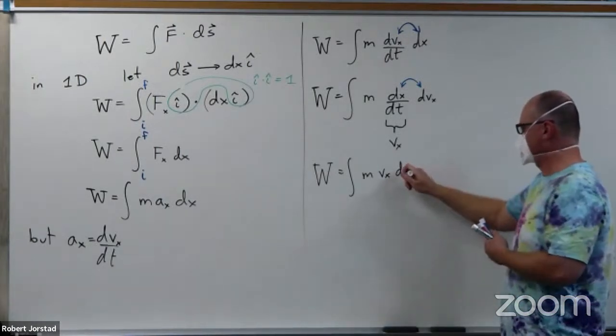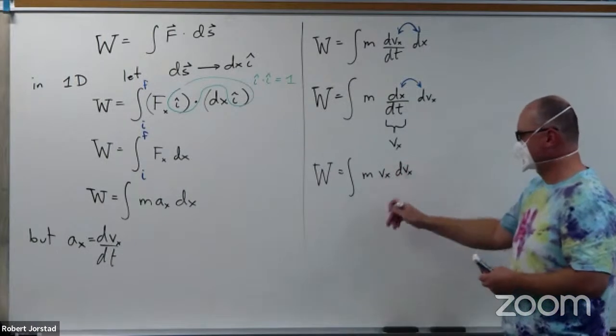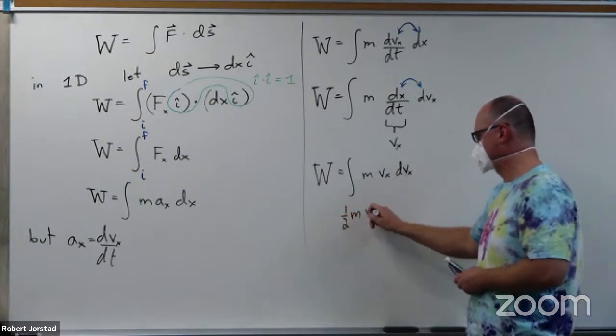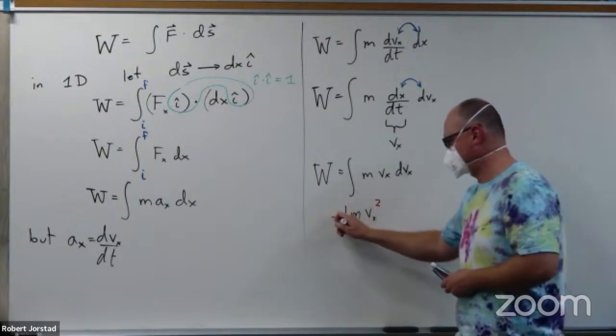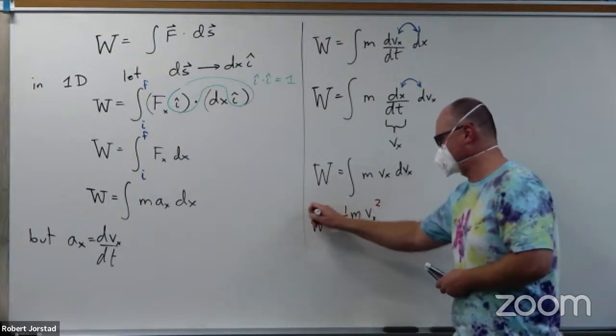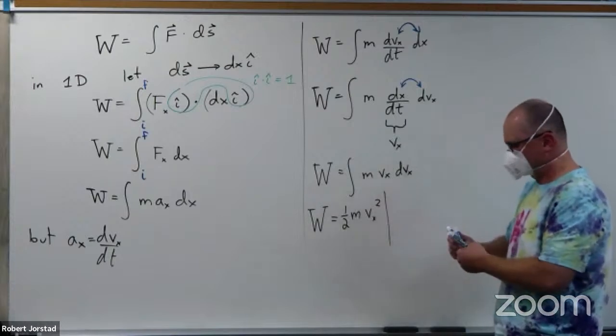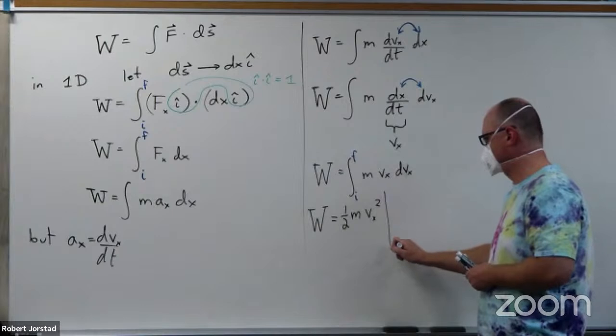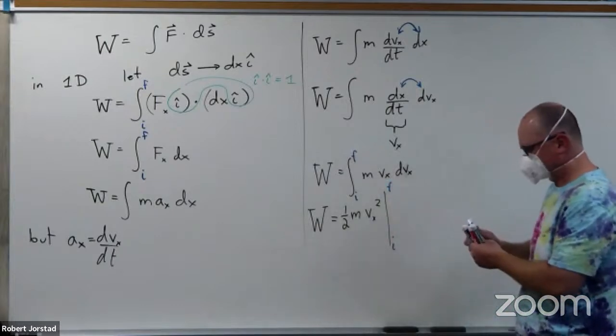But what do I get when I integrate this? Let's say mass is a constant. Huh. See anything familiar there? Now I'm going to stick back on my limits. Look at this.